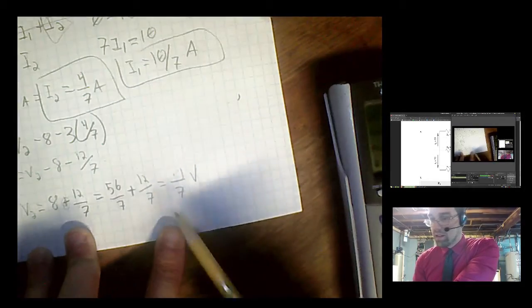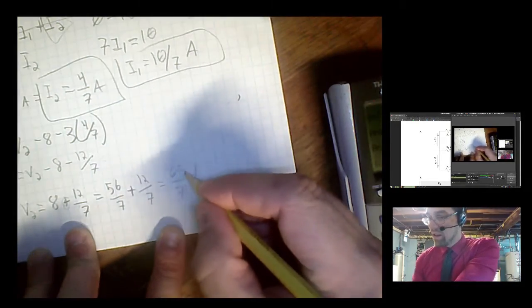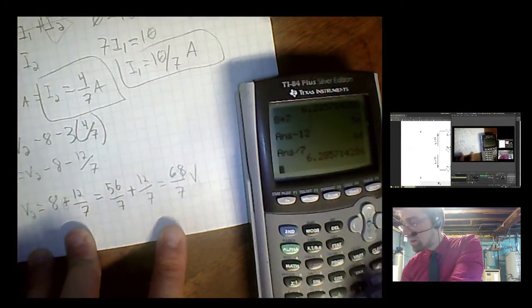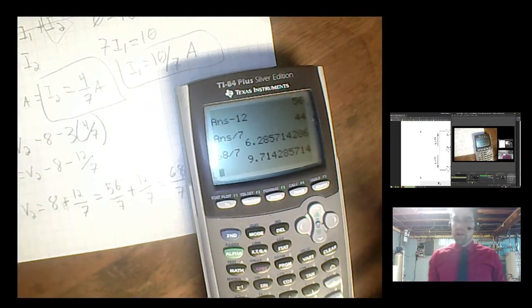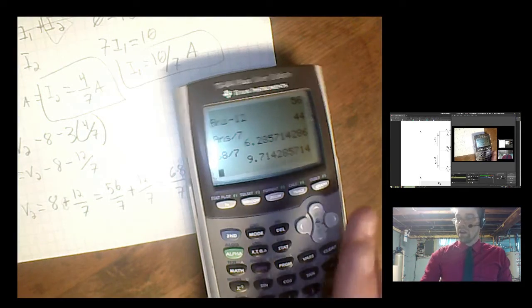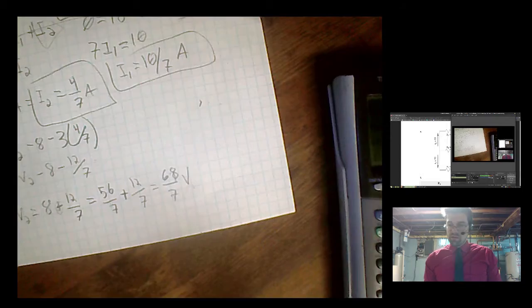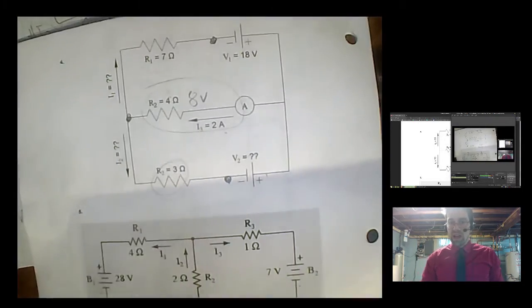So that's 68 sevenths. Okay, there we go. So yeah, 9.7 volts. Alright, we got all currents now. We got our voltage. Number 4 is analyzed.